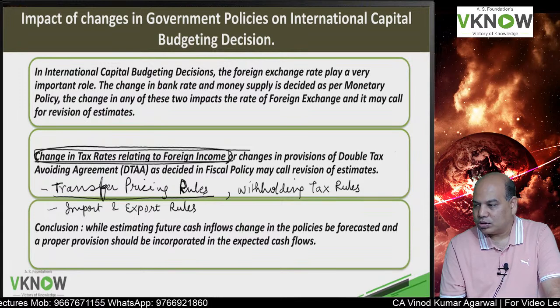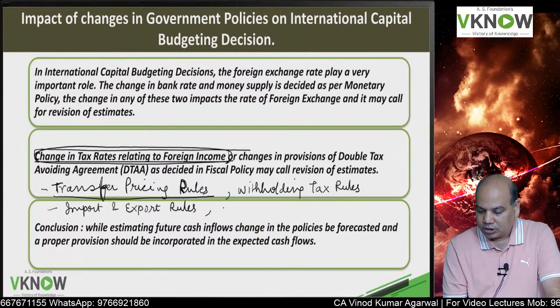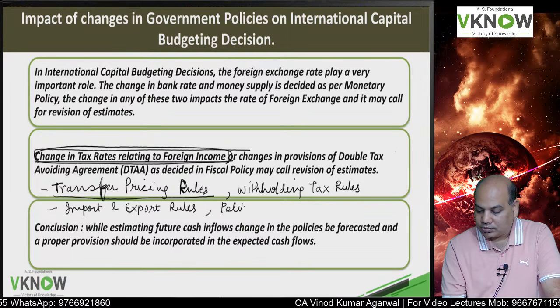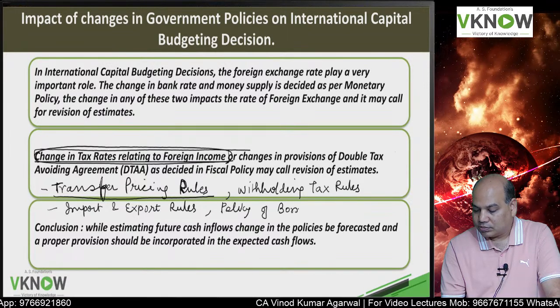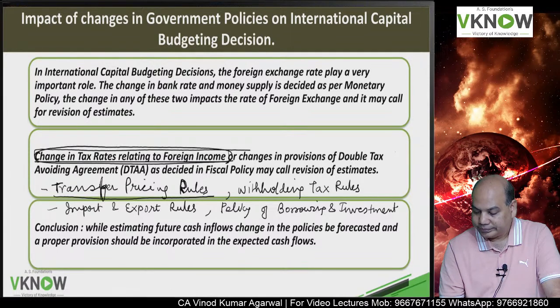Import and export rules can affect the policies. Then government policy on borrowing and investing abroad. You can invest, you can borrow, but then there are certain government regulations which keep changing.